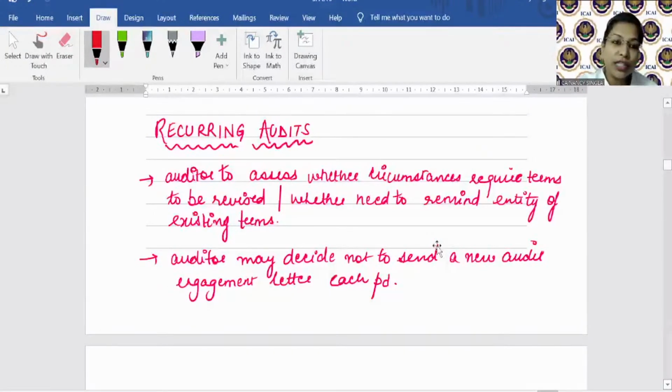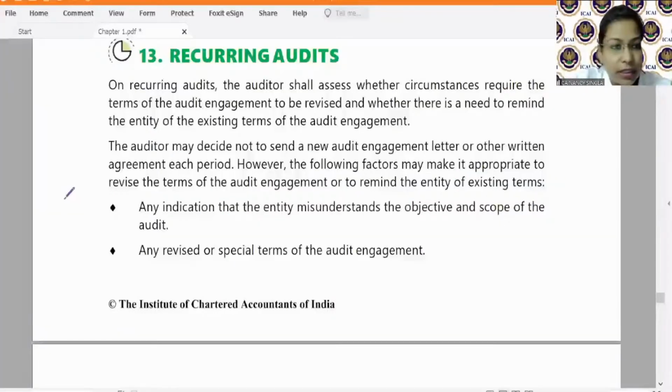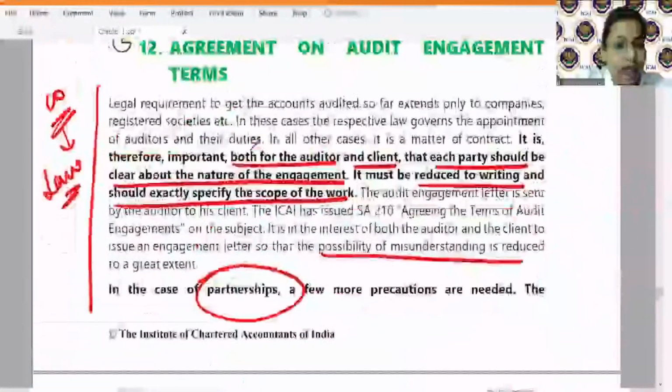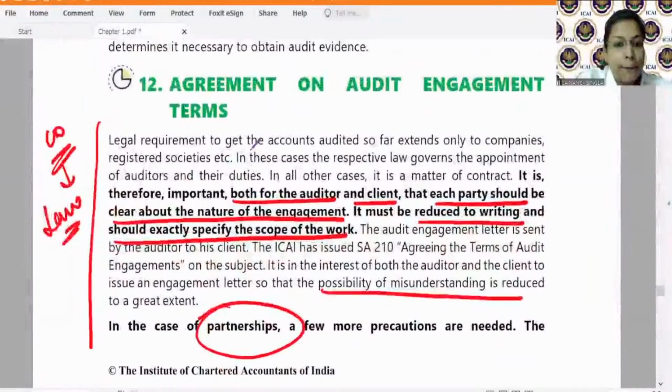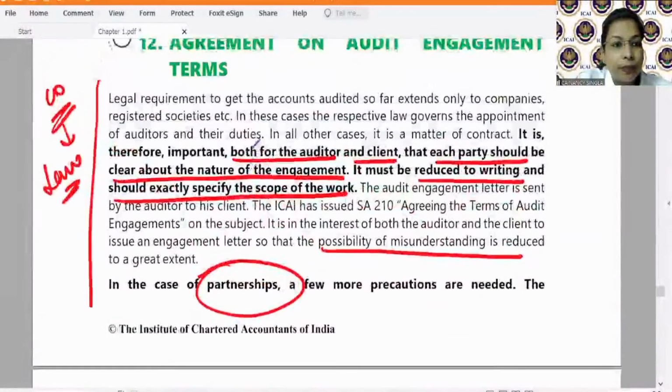So now the question arises that is there a requirement for the auditor to give a letter of agreement, and this letter of agreement is mentioned somewhere. So who will send this letter?